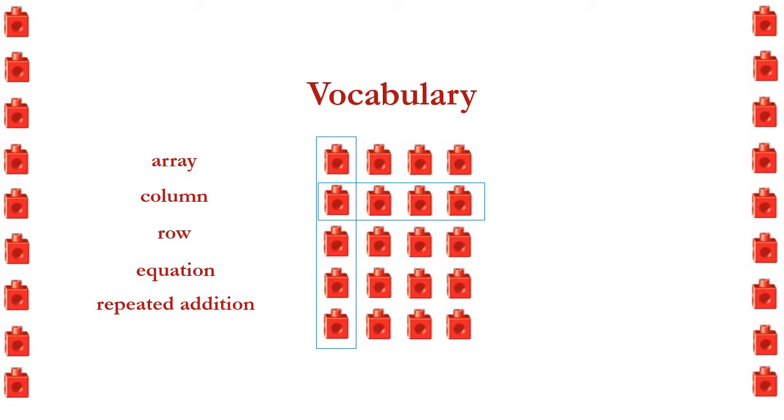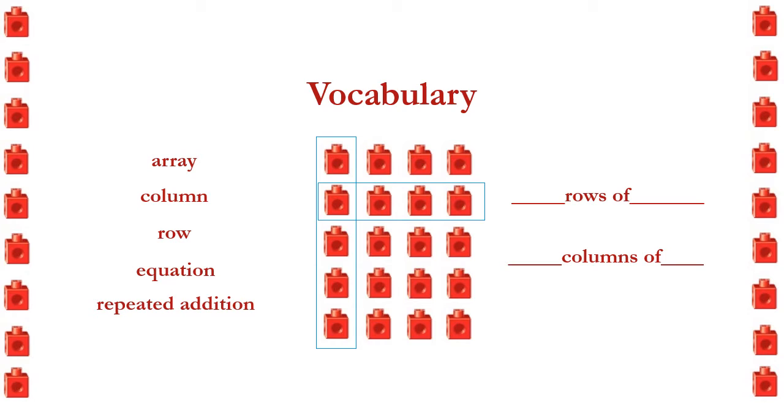And sometimes we'll be asked a question using the word column. Sometimes we'll be asked a question using the word row. And we'll see something like this: blank rows of blank, or blank columns of blank. So if we look at this array, what numbers could we put in the blanks? Blank rows of blank.